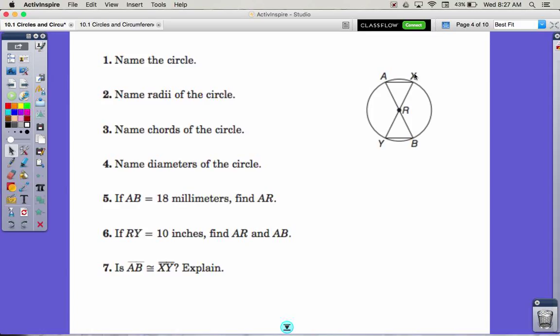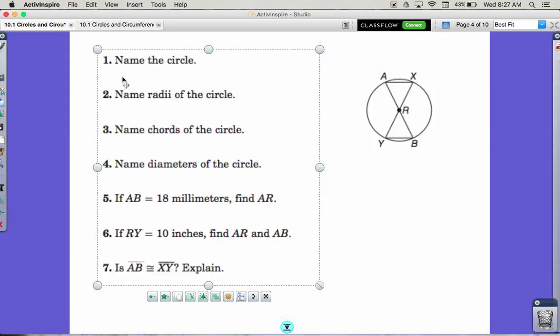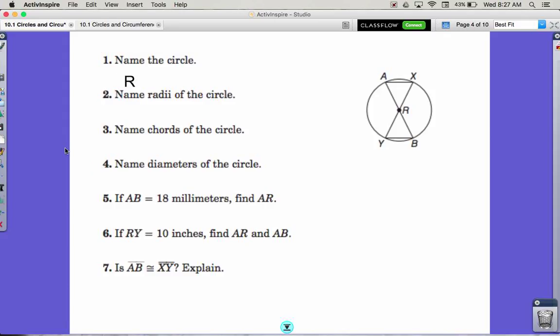So pause the video and try these on your own. So first off, this circle's name is R. Some of the radii of this circle are AR, RX, RB, and RY.